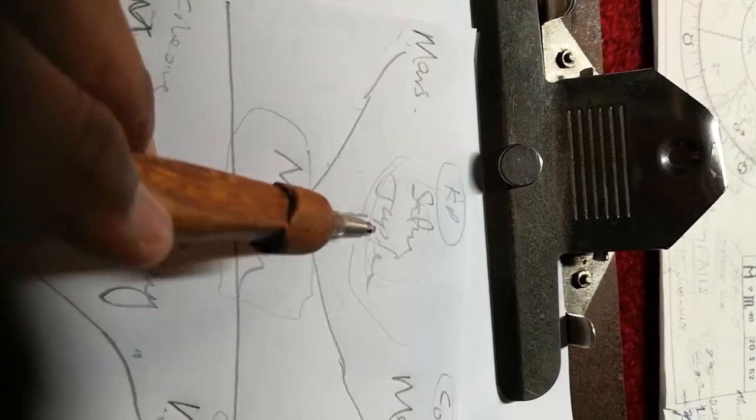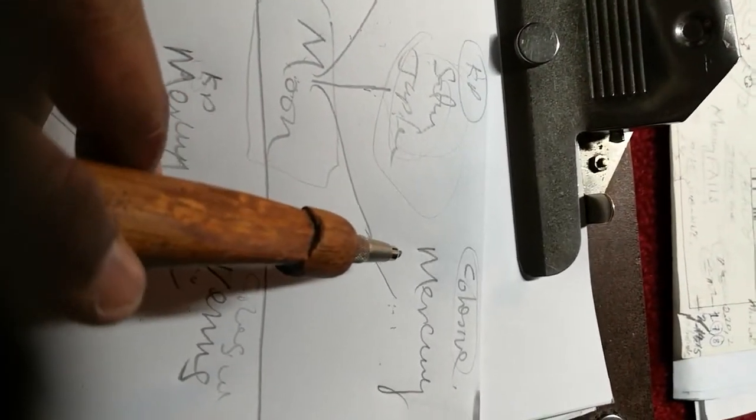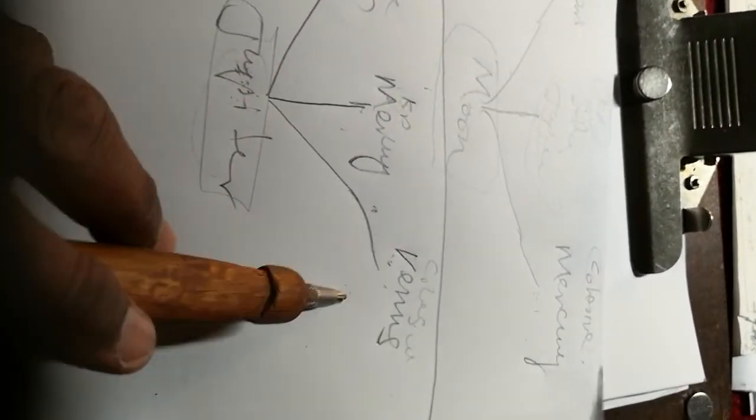So all in all, second house significators are Mars, Saturn, Jupiter, Mercury, Moon, Mercury, Venus, Jupiter. This is the proper significators.